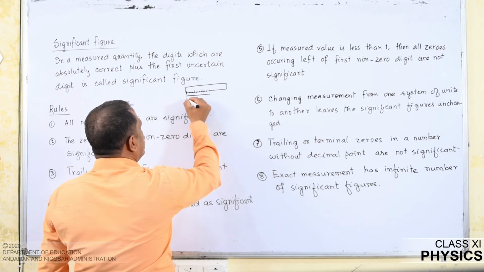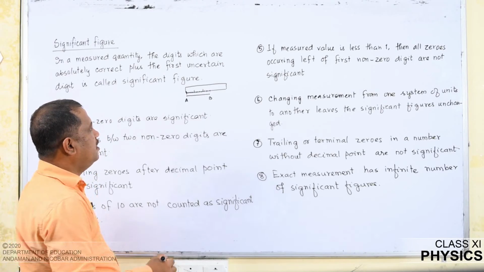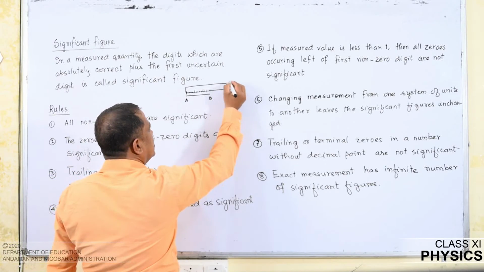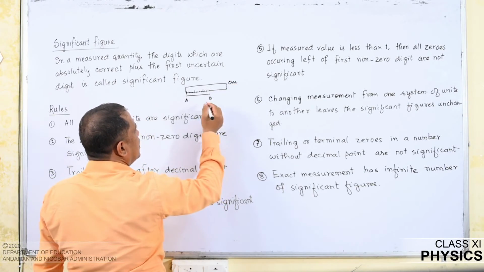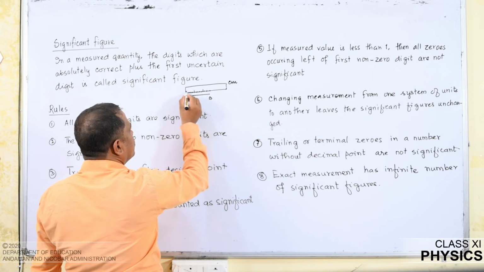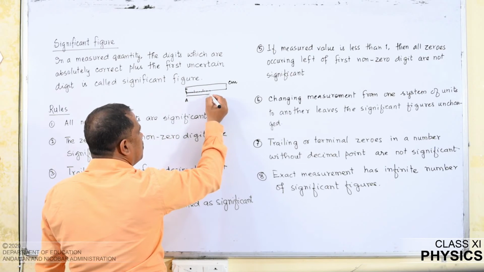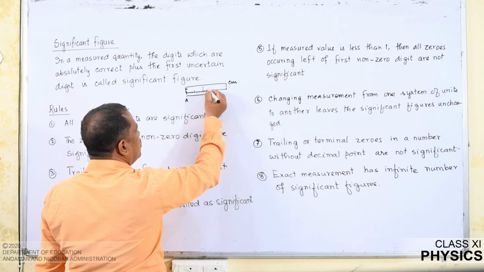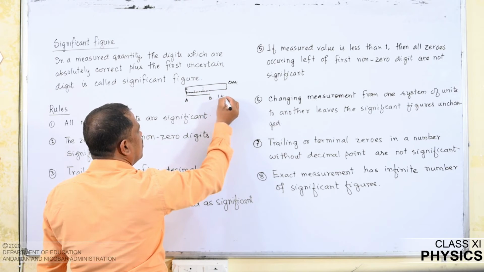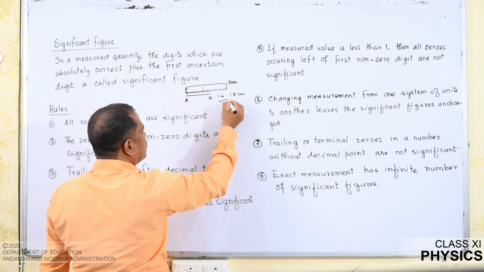So, let me say this is point A, this is point B. A and B are the end points of the straight line. I am using the centimeter scale and I see that the point A exactly coincides with 0 and the point B lies between 1.4 and 1.5 centimeter.